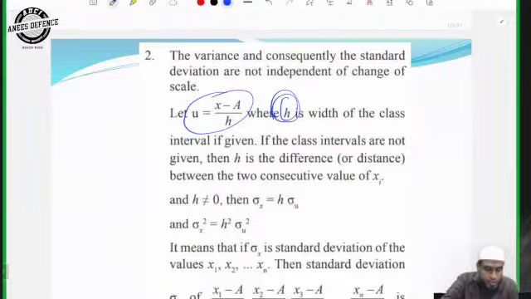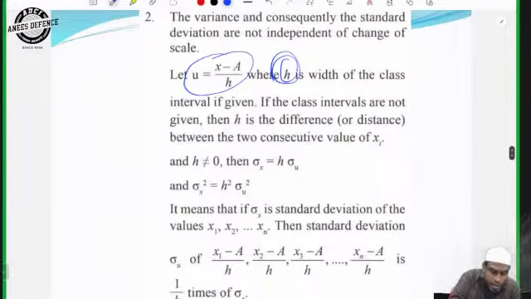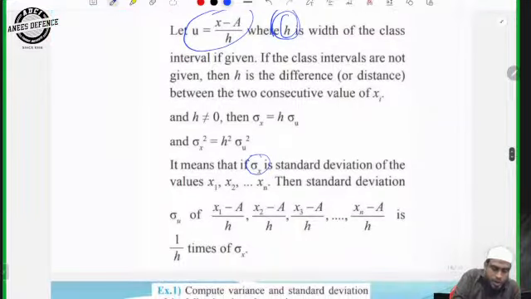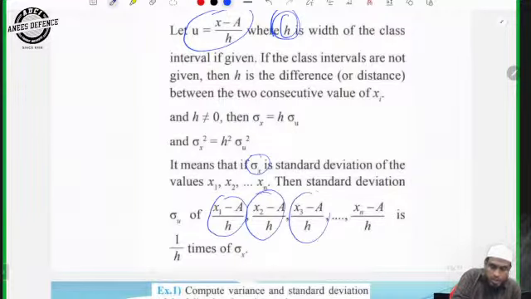How is it affected? For example, if sigma x is the standard deviation of the values x1, x2, etc., xn, then the standard deviation of x1 minus a by h, x2 minus a by h, x3 minus a by h, etc., xn minus a by h will be sigma u.